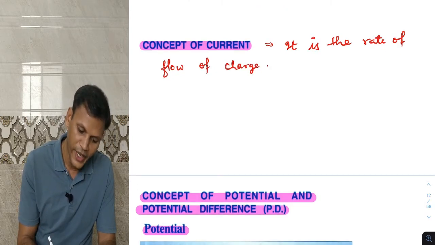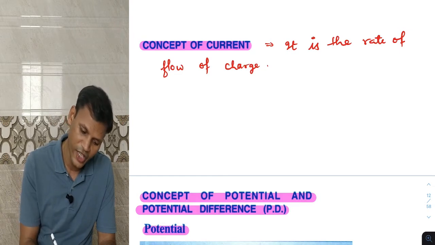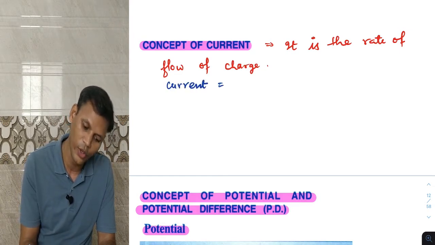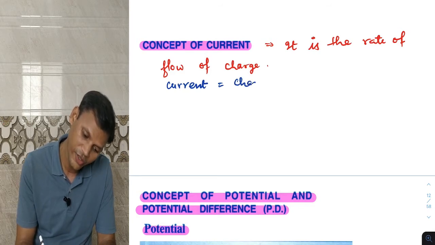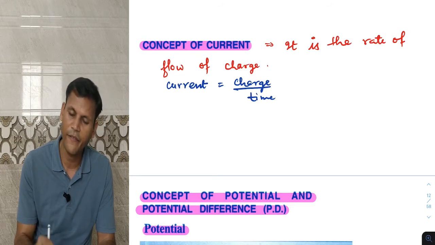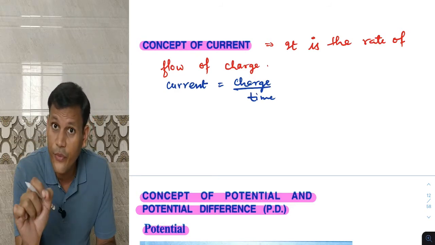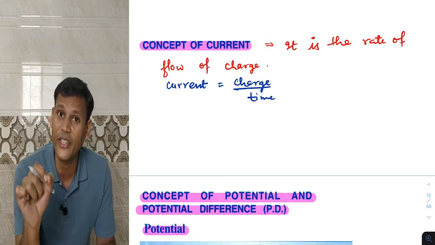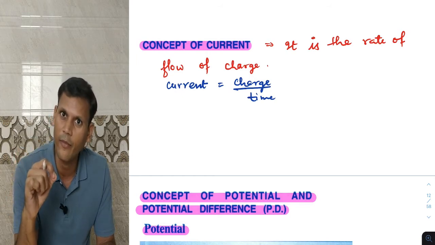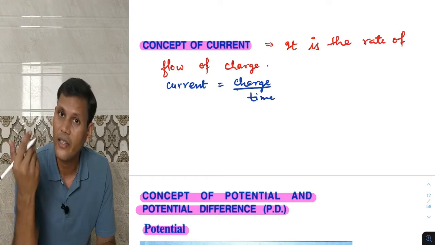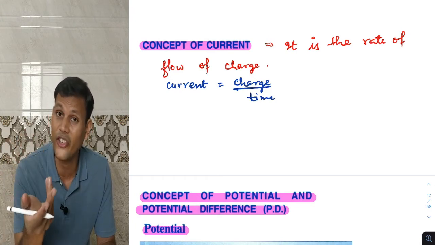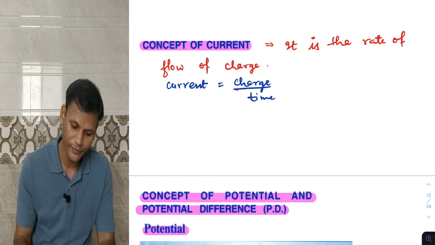So current is equal to flow of charge upon time. The word rate has come. If in physics the word rate comes, it means that term will be divided by time. Here, which term is it? Rate of charge means charge divided by time.